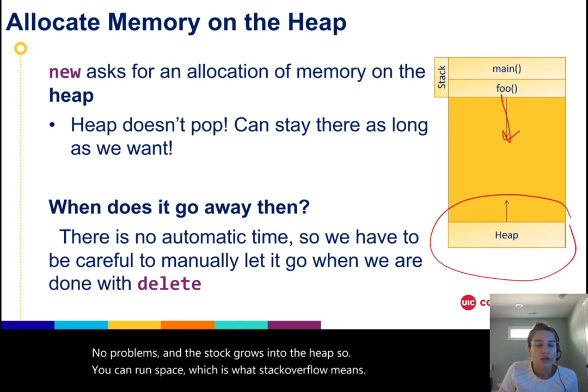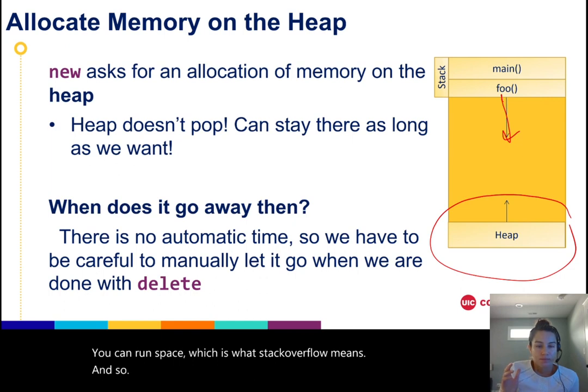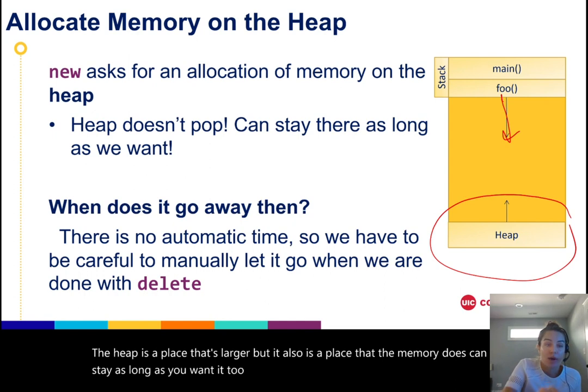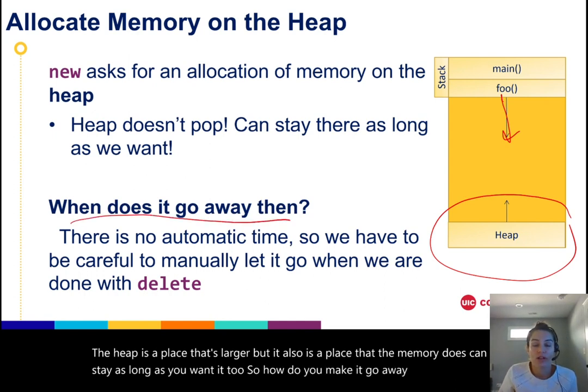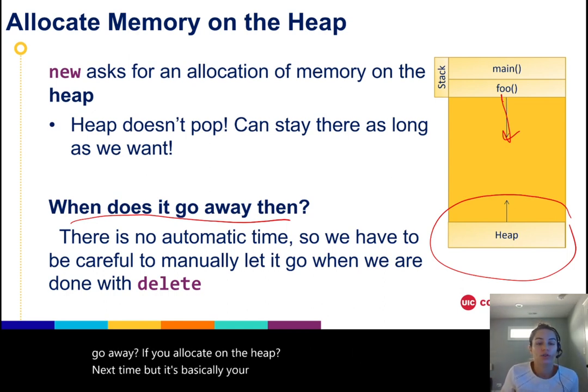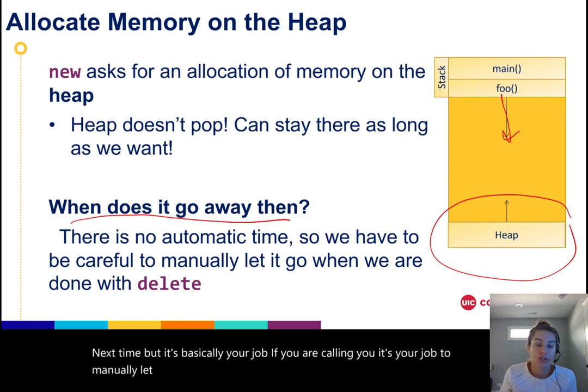And so the heap is a place that's larger, but it also is a place where the memory can stay as long as you want it to. So how do you make it go away? When does it go away if you allocate on the heap? There's no automatic time, but it's basically your job. If you are calling new, it's your job to manually let that memory go when you no longer need it.